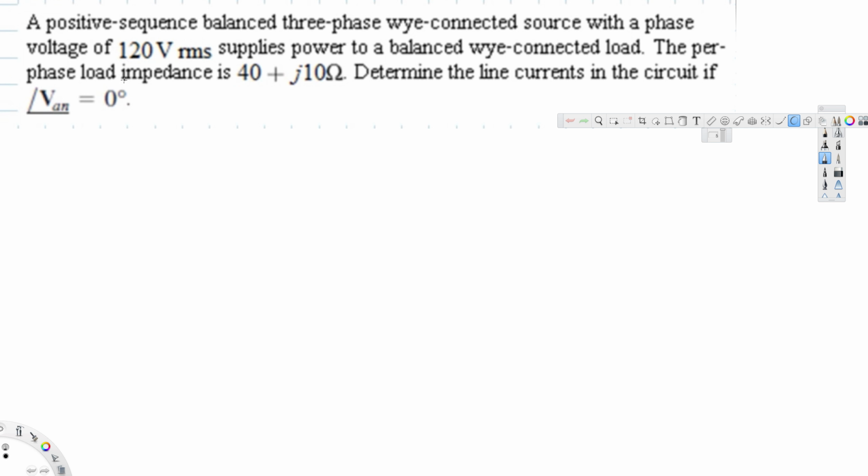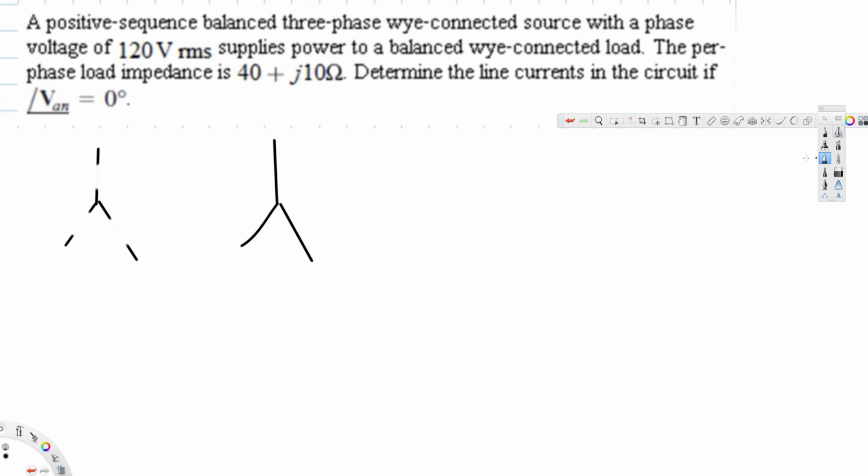Okay, so here we have the voltage source and also the load impedance. Both of them are in Y, so we can go ahead and draw the circuit. This is our Y and this is our Y for the load. Now let's draw our voltages.